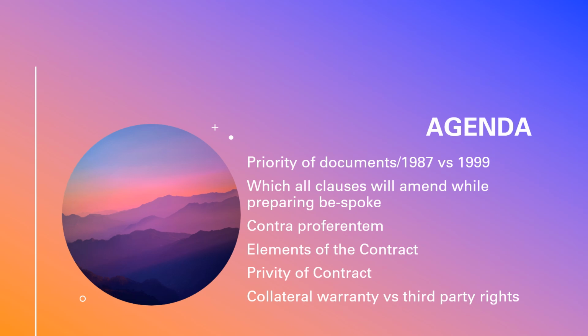The beauty is that the contract is between the contractor and the employer. That is their world. A third party means anyone other than the parties who signed the contract. Privity becomes very beautiful here. I am a contractor and you are an employer. We are signing the contract.